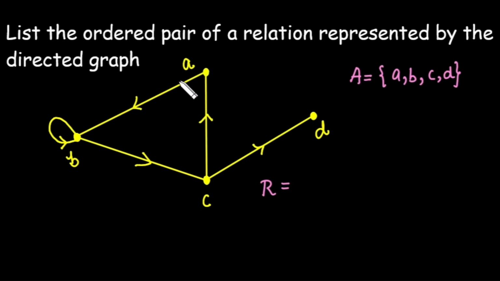So we will start from the edges. This edge indicates that A is related with B. It means the relation contains the ordered pair AB.